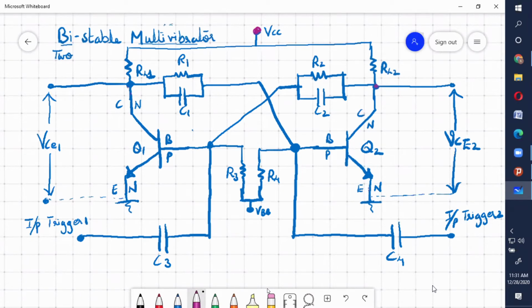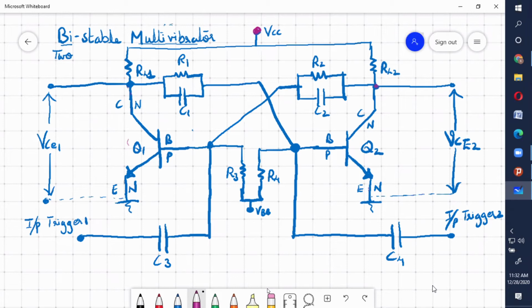If the transistor is on, both get shorted, so the output at the collector is 0, right? Suppose the transistor is off, it means there is no connection between collector and emitter. Then the collector is connected to VCC.